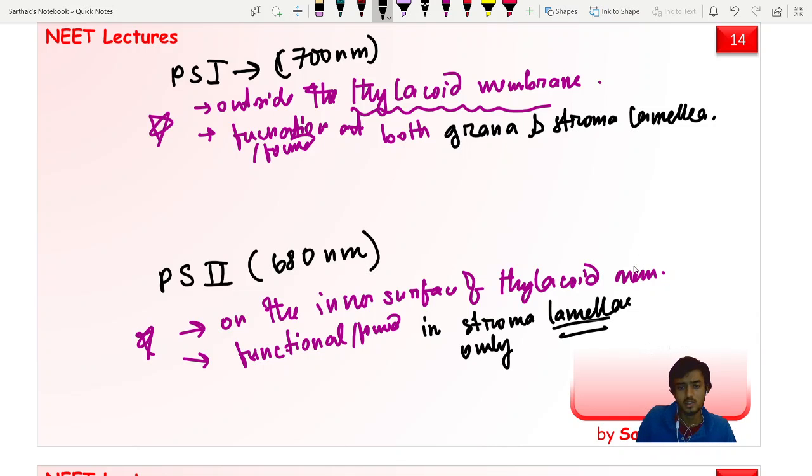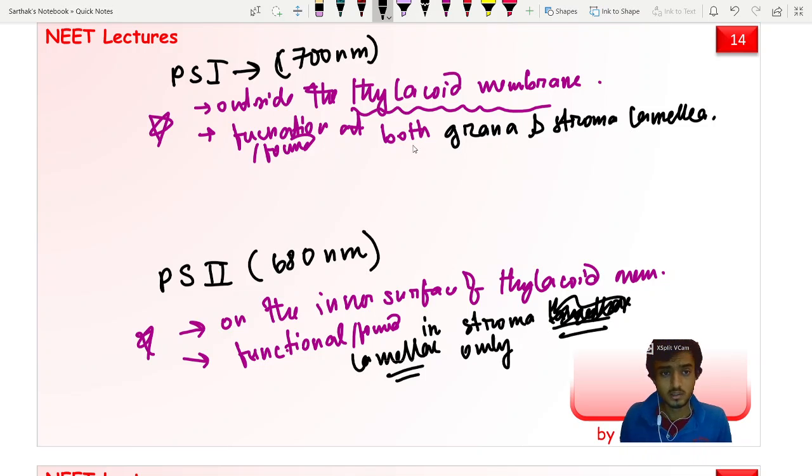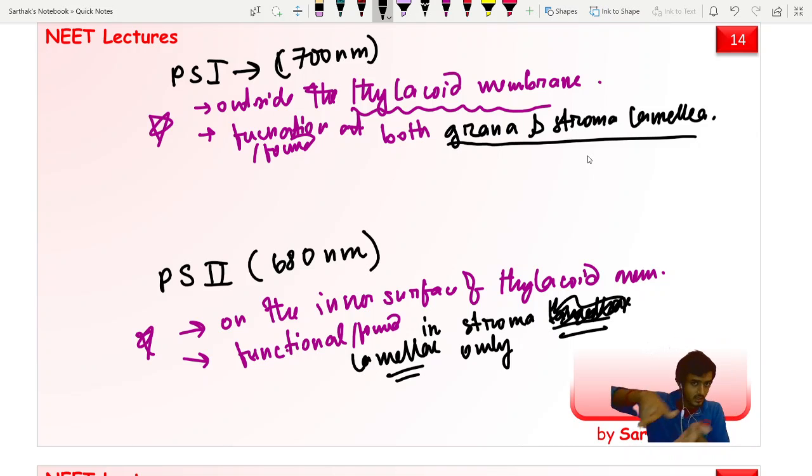This lamellae might not be visible, so I am writing here: stroma lamellae only. So this PS1, photosystem 1, is found both in grana and stroma lamellae. So it is found both in the sac-like structures and in the linkers, and photosystem 2 is found only in the linkers.